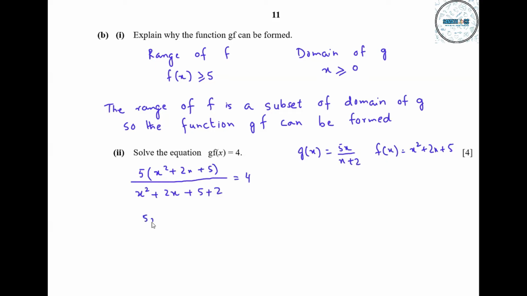So we will have 5x square plus 10x plus 25 upon x square plus 2x plus 7 is equal to 4.